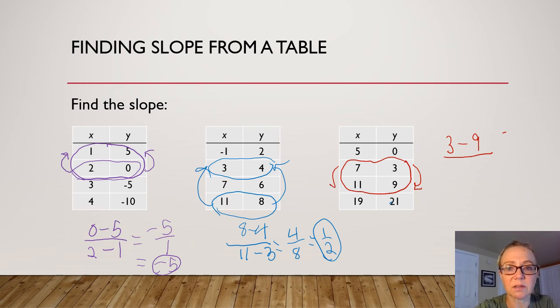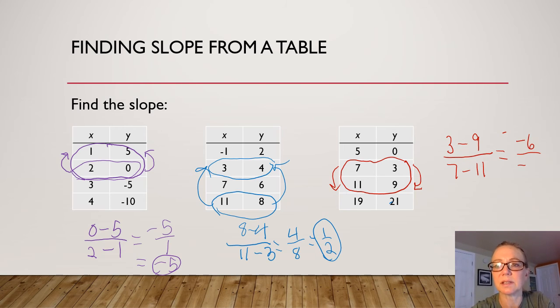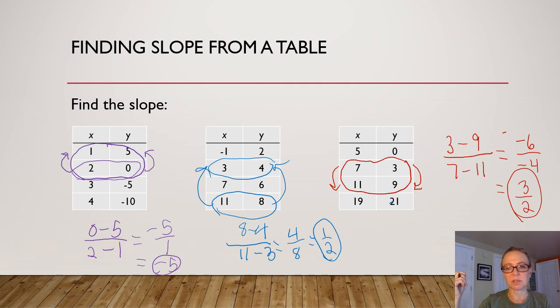Since I did 3 minus 9 on top, I have to do 7 minus 11 on the bottom. Just be consistent. 3 minus 9 is negative 6, and 7 minus 11 is negative 4. Negative 6 over negative 4 is the same as positive 3/2. And that's the slope of the line represented by the third table.